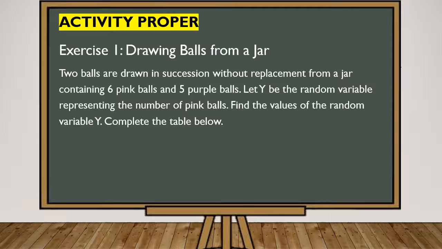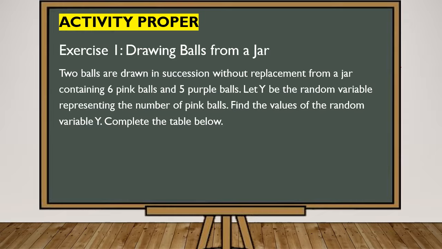Without replacement. So from a jar containing 6 pink balls and 5 purple balls, we have 11 balls in all. We use y as our random variable representing the number of pink balls. Find the values of the random variable y.